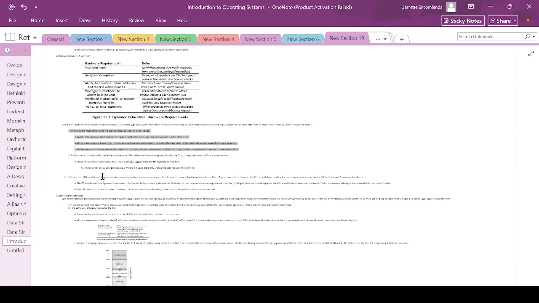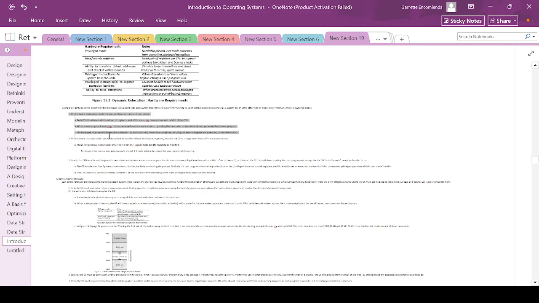Upon certain special occasions like a system call or some other kind of exception, the CPU switches mode. When it's in privileged mode, the kernel knows to convert that virtual address to a physical address.